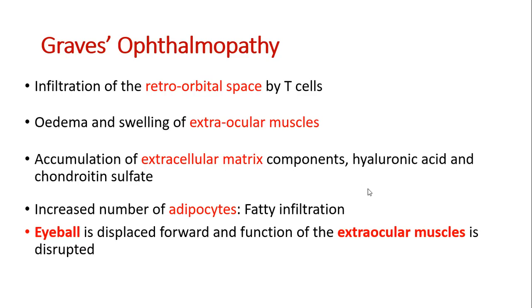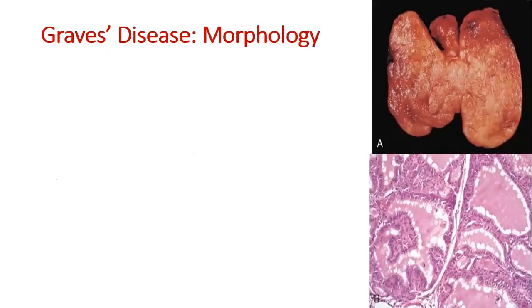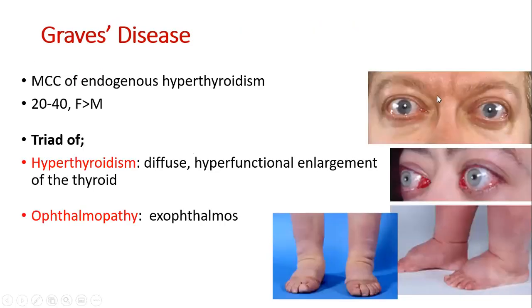How do you identify it clinically? I just mentioned that. This is the picture. You can see the lower and upper lid margins are much farther away and the sclera is visible.